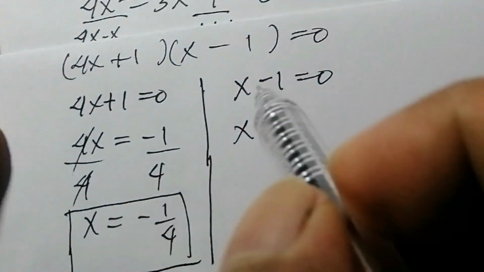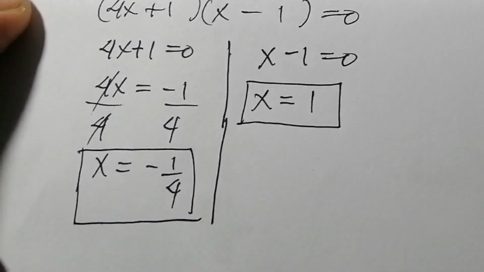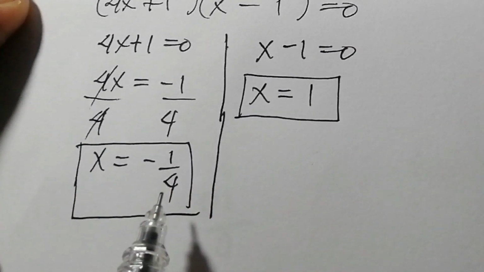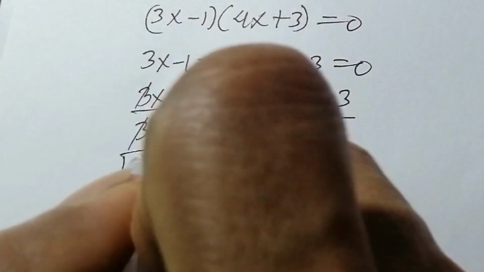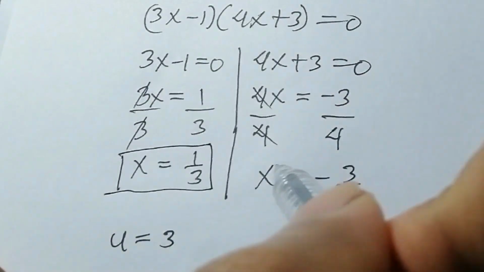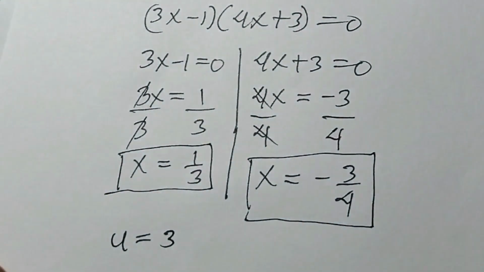So here we now have all the values of x. We have x is equal to negative 1/4 and x is equal to 1, and also x is equal to 1/3 and x is equal to negative 3/4.